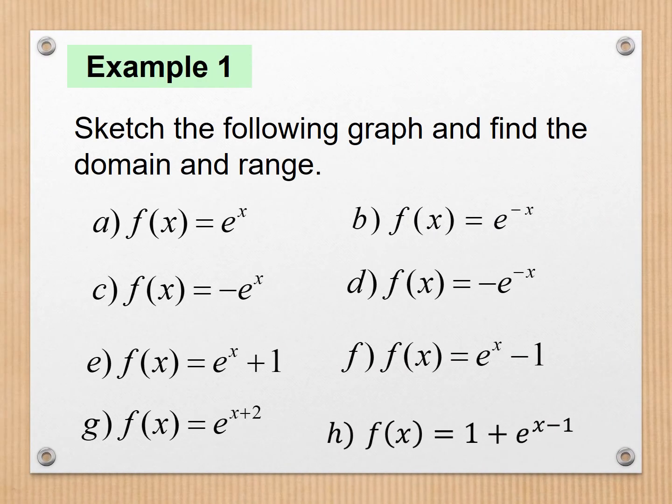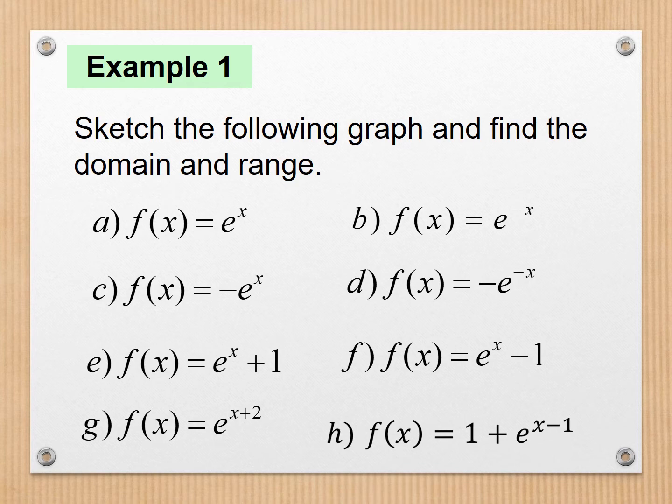Example 1: sketch the following graphs and find the domain and range. For question A, the function is f(x) equals e to the power of x. B, f(x) equals e to the power of negative x. C, f(x) equals negative e to the power of x. D, f(x) equals negative e to the power of negative x.